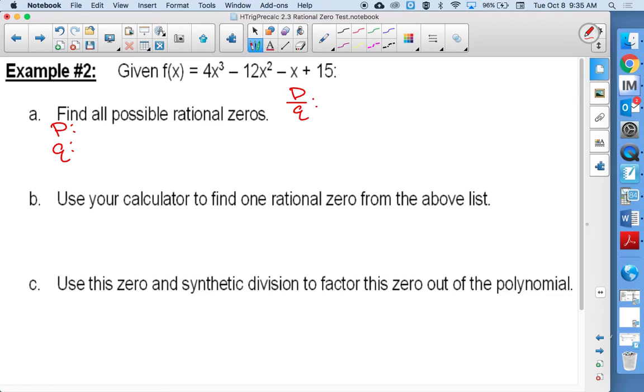So again, this is my algebraic support as to I've got all these zeros to choose from. Because of these P over Q values, I can choose from this smaller list. So looking at P, P is in the back, Q is in the front. You're listing the factors of P, and you're listing the factors of Q.